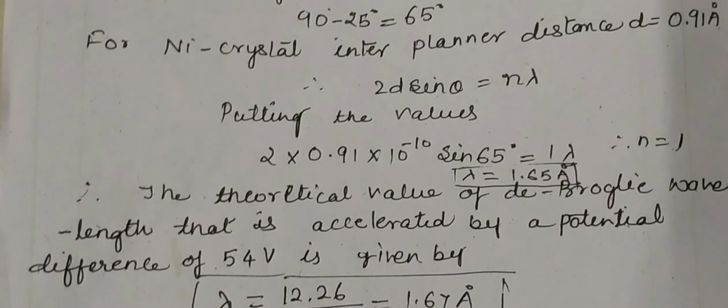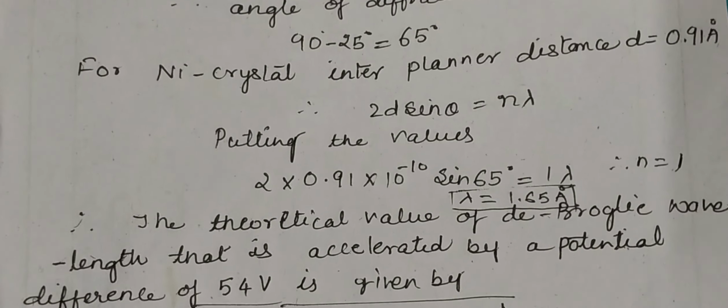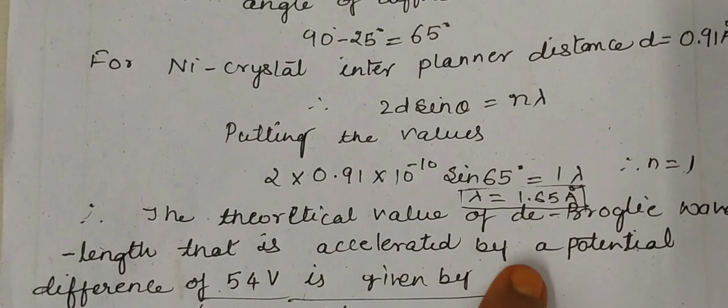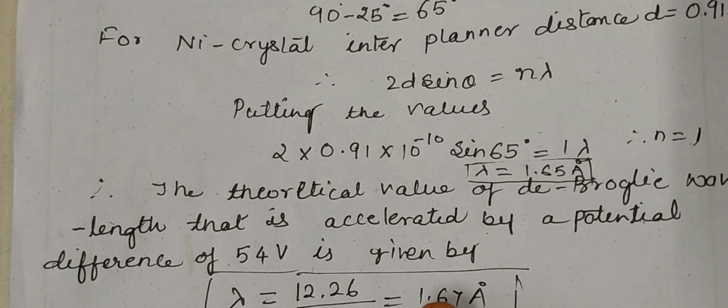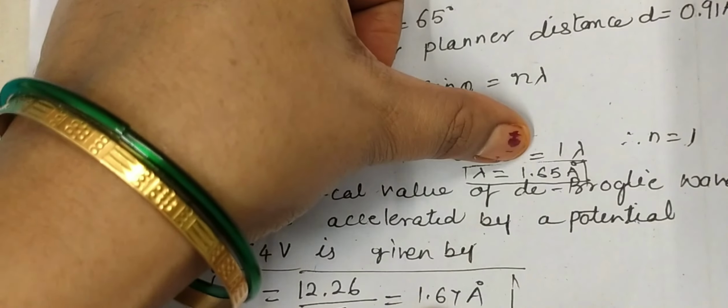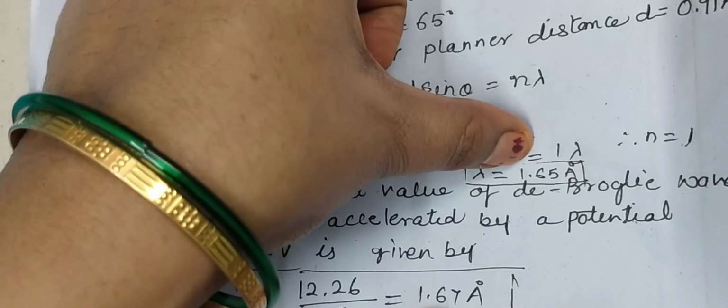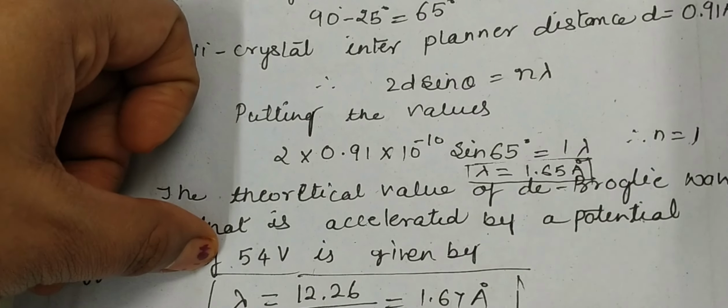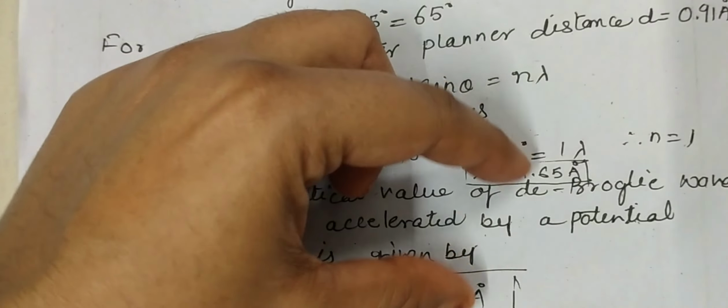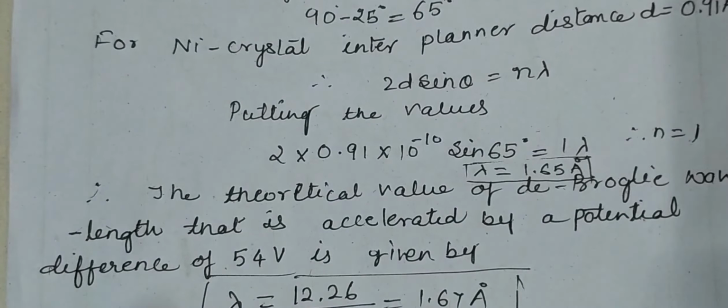The theoretical value of the de Broglie wavelength for electrons accelerated by a potential difference of 54 volt is given by the same formula. The wavelength we calculated from the Davisson Germer experiment is 1.65 angstrom, and the theoretical value is 1.67 angstrom. They are very similar.